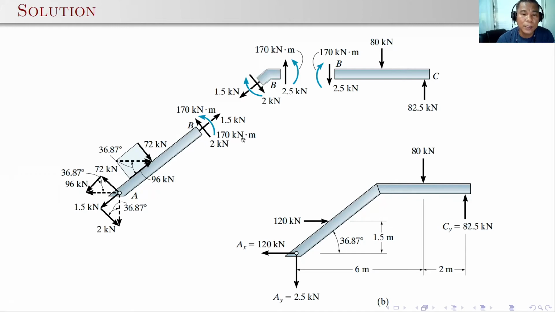So you will notice the shear here is 2, but at BC it's 2.5. So that's quite confusing, right? But as long as we have equilibrated segment AB and joint B and then segment BC, then that's all right. It's important that they should be in equilibrium.